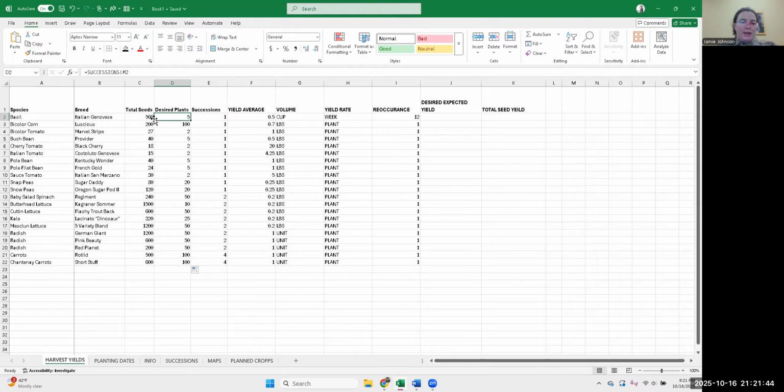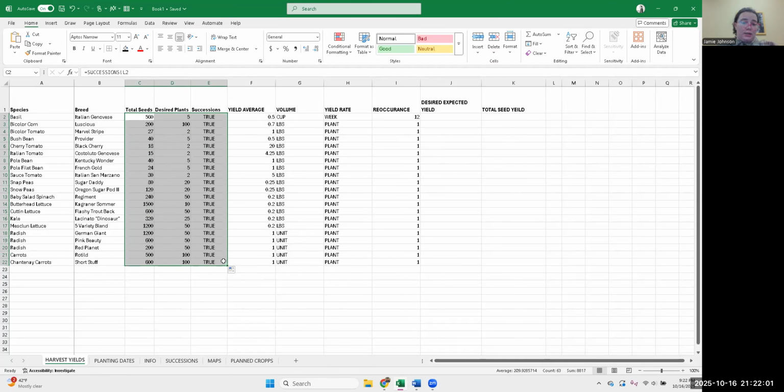Now, I can also drag it different directions. So if I highlight these two, because they're both the ones that I want from the successions page, I can then do the same thing and drag it.